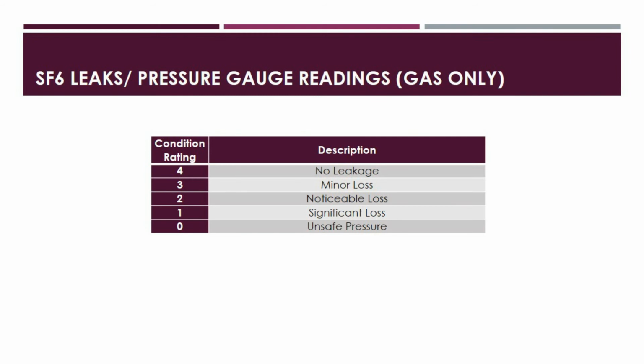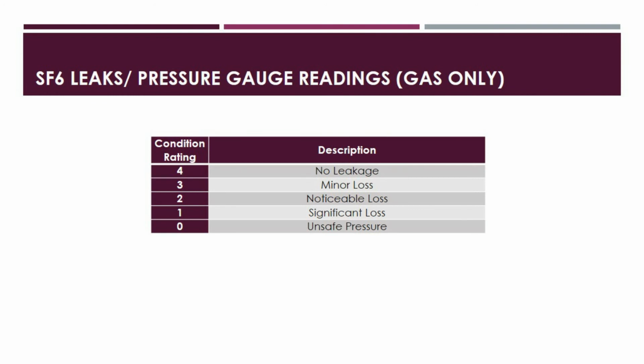For a rating of 3, it means that there is minor loss of SF6 gas pressure in the interruption chamber. For a rating of 2, it means that there is noticeable loss of SF6 pressure, but gas pressure still is within the manufacturer's safe level recommendations.